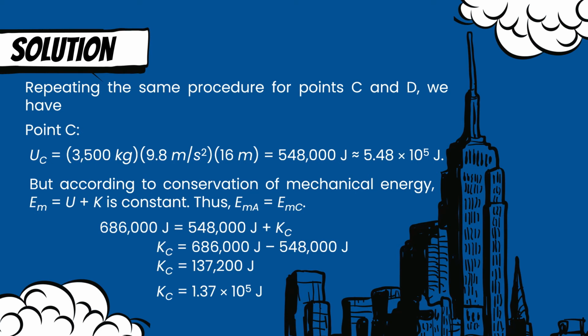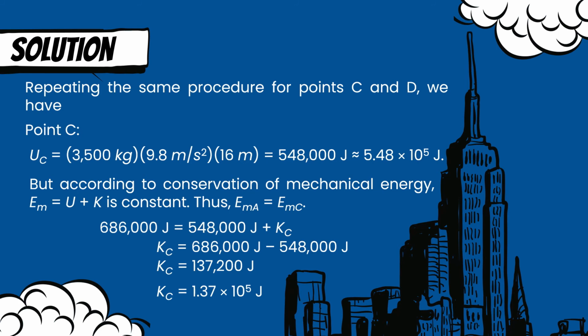to 3,500 kilograms times 9.8 meters per second squared times 16 meters, which yields 548,000 joules, or 5.48 times 10 raised to 5 joules. But according to conservation of mechanical energy, E sub m is equal to U plus K is constant.